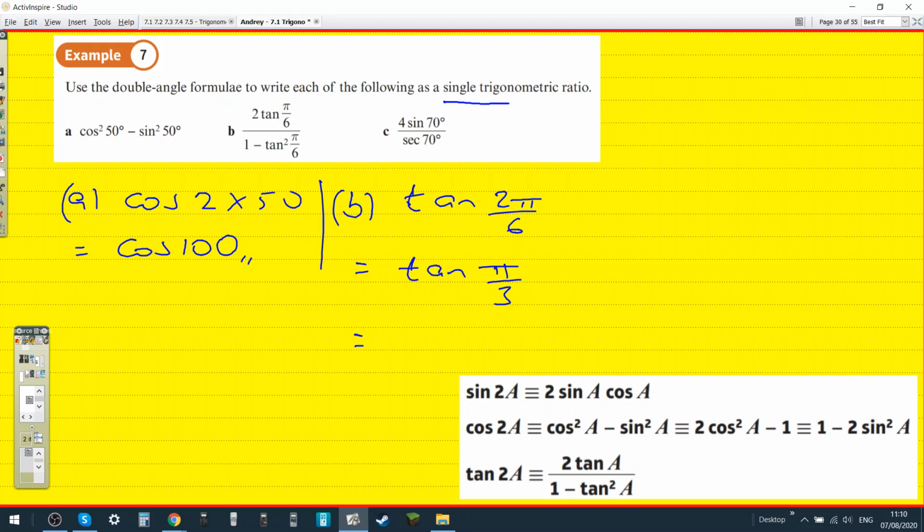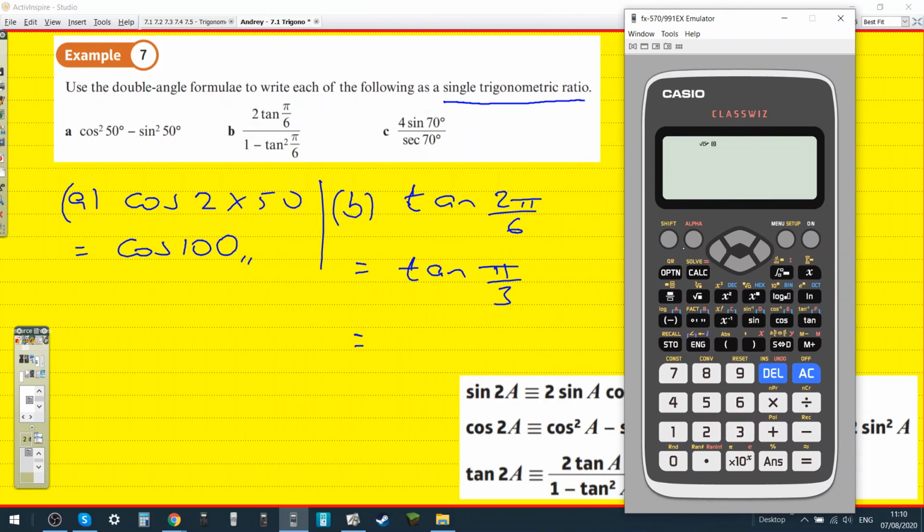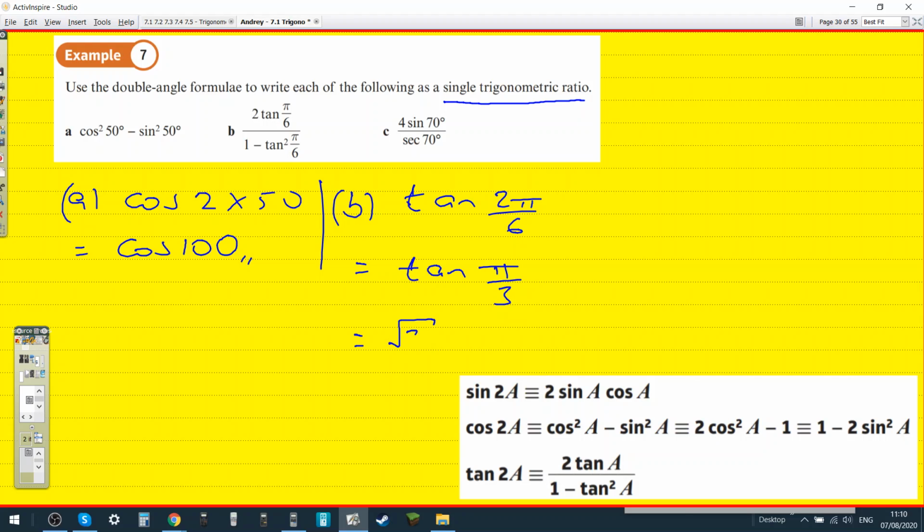See, it says as a single trig ratio. Go on, try it. So does it want it in degrees form? Pi, radians. Yeah, root 3. Root 3, is it? Okay, so that's even simpler. So let's go back to part A, sorry.